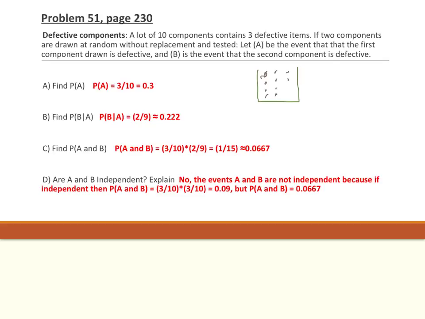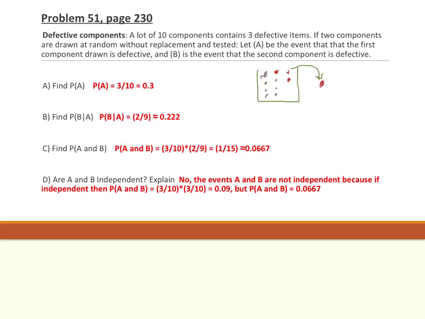And in fact, of those 10 items, 3 of them are defective. And so if 2 are drawn at random without replacement, event A is the fact that we are drawing the first one out, and then we keep that one out of the mix.